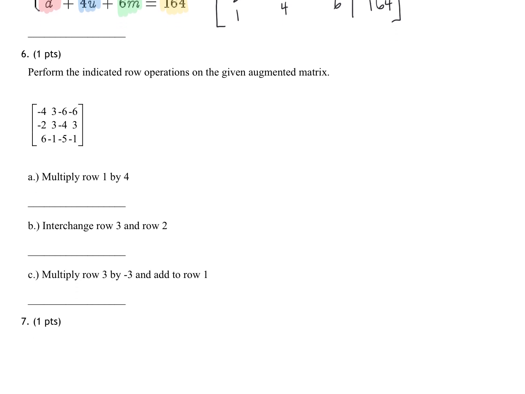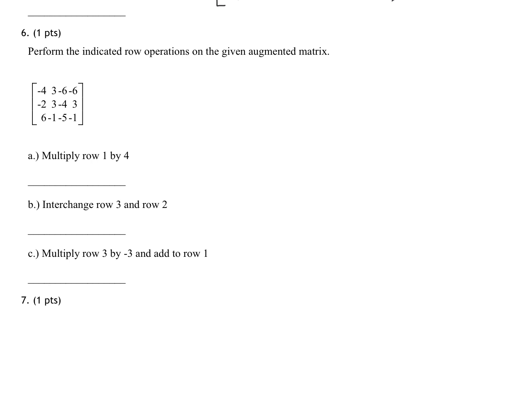Number 6, perform the indicated row operations on the given augmented matrix. So our augmented matrix is here. Our line would be there. It's always right before the last column. Multiply row 1 by 4.